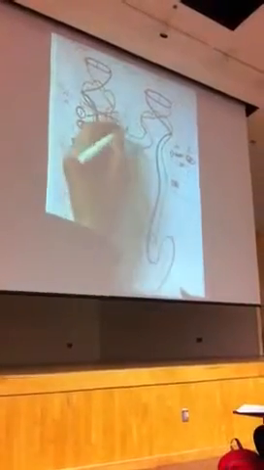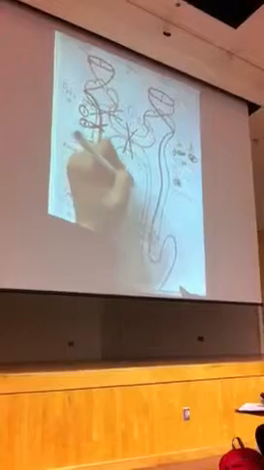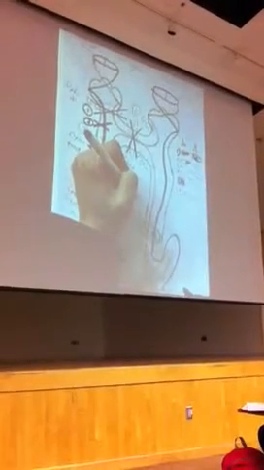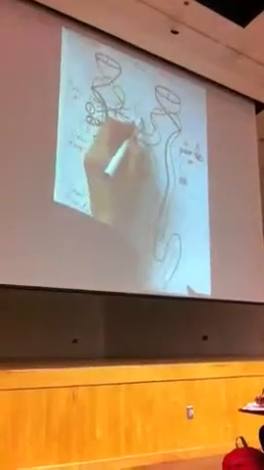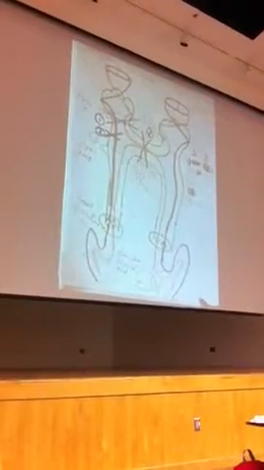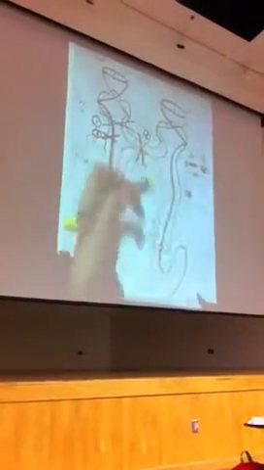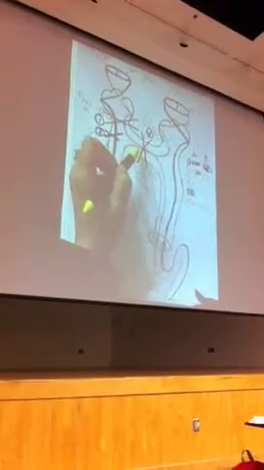Number 3. If there is damage to the optic chiasm, number 3. Okay. Help me, please. The optic chiasm takes the information about the light.